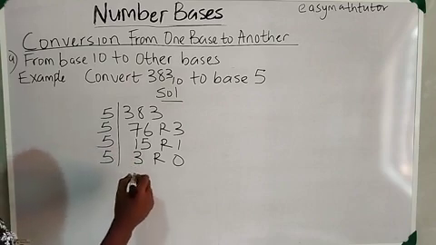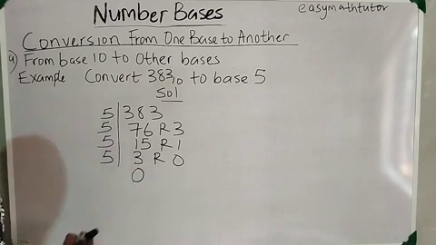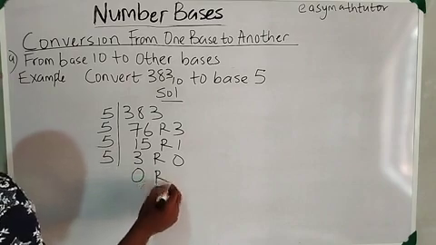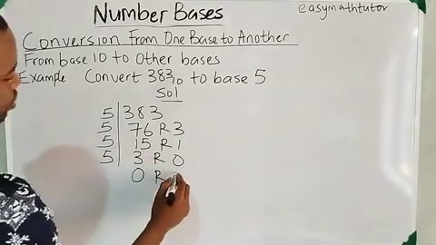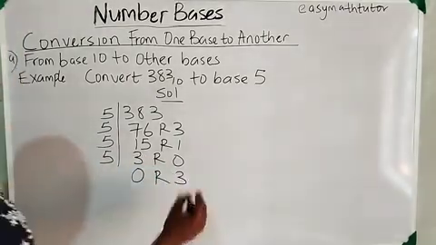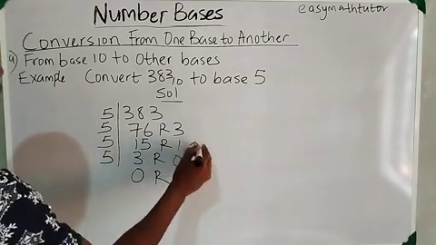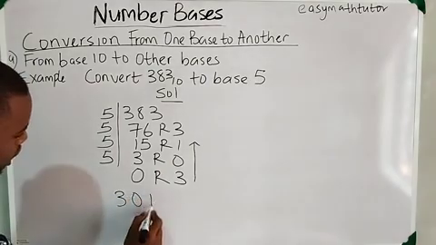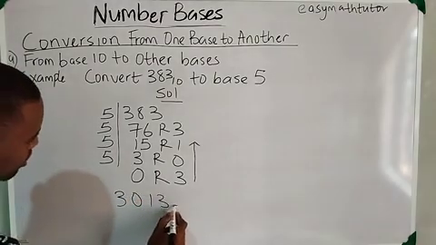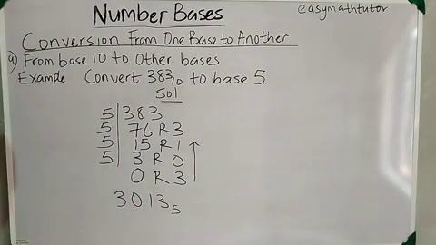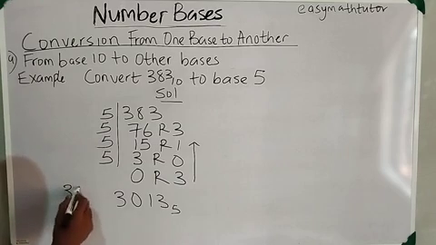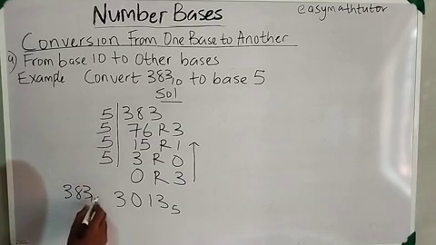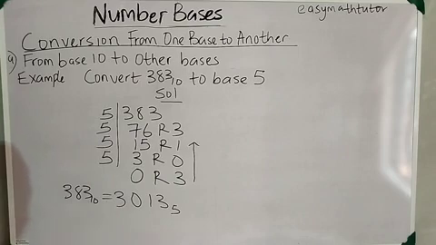So here we are now going to have 0, remainder the number we are not able to divide, which is 3. So we take our answer from the bottom up, and we have 3013 in base 5, our new base. So it means that 383 in base 10 is equal to 3013 in base 5.